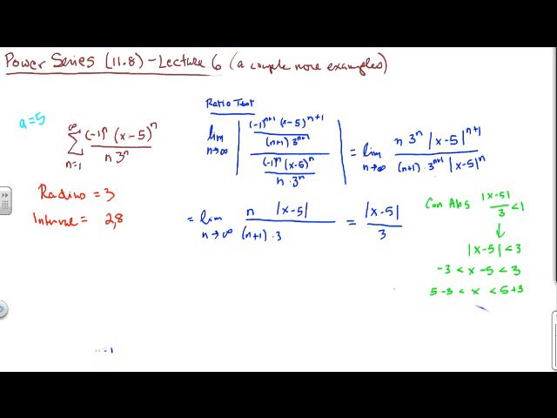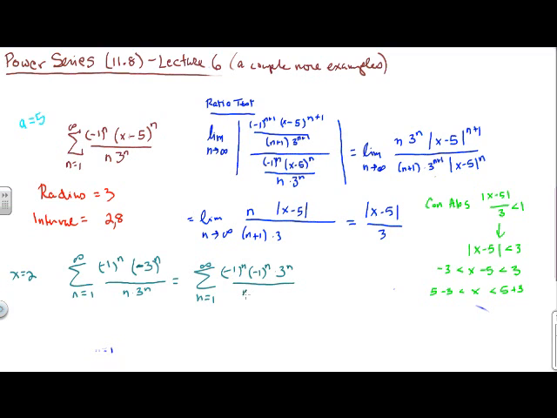So let's do that. At x equals 2, I'm looking at this series: the sum n equals 1 to infinity of (-1)^n times (2 - 5), which is (-3)^n, over n times 3^n. And (-3)^n can be rewritten as (-1)^n times 3^n, right?